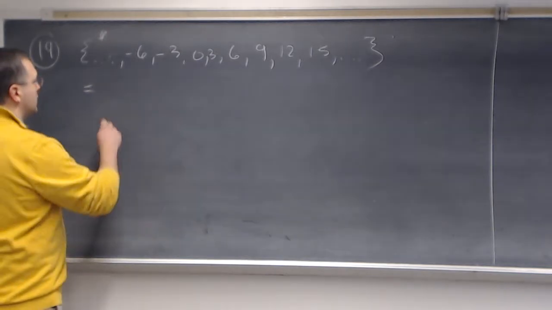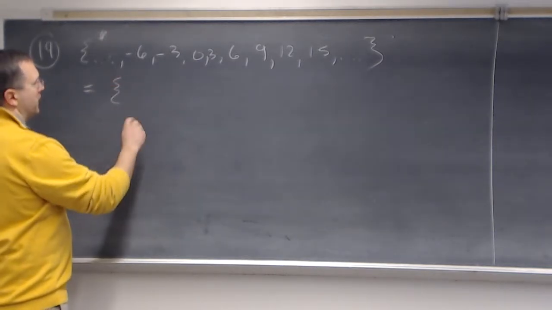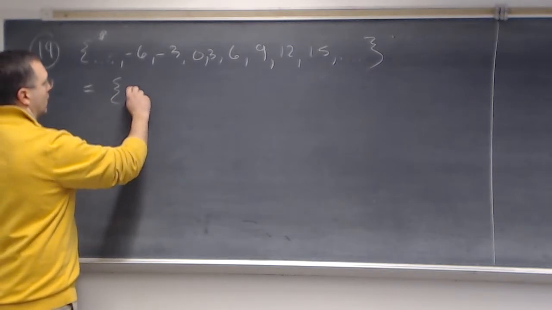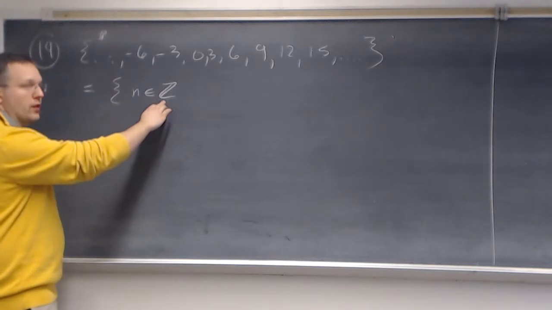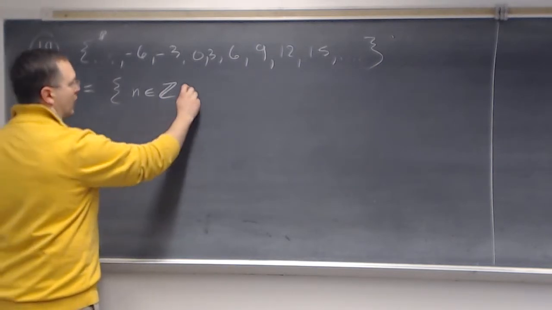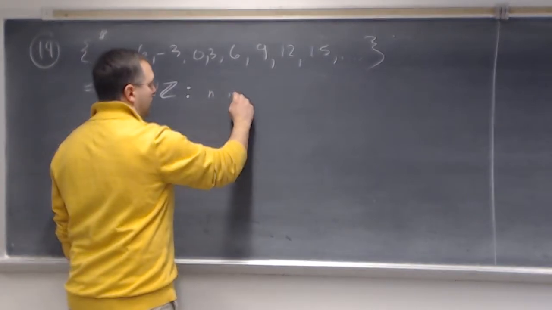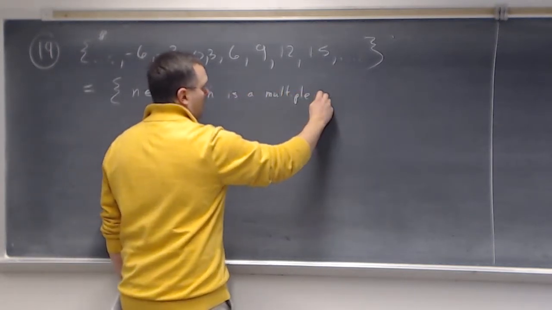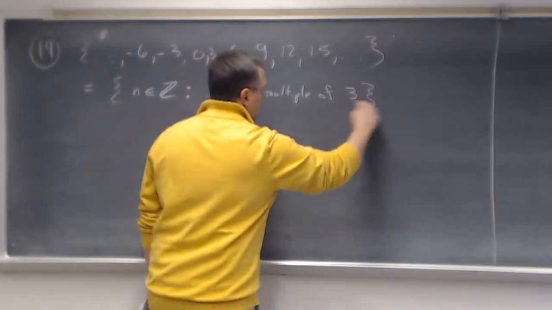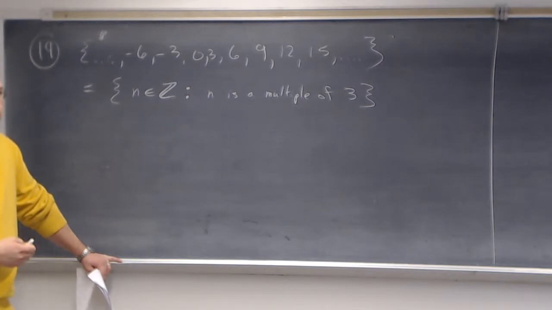You could do this a couple of ways. Remember, bold Z is for integers. So it's the set of all integers n such that n is a multiple of 3. You could actually write a sentence like that. Could we say something like 3n? Sure.